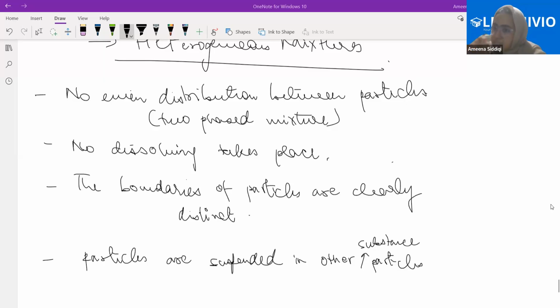Compounds, which are pure substances, cannot be separated by physical methods of separation. All types of mixtures can always be separated out by physical methods of separation except one mixture. What is that? Can you repeat? Yes. All the mixtures can be separated out by physical methods of separation except one mixture.